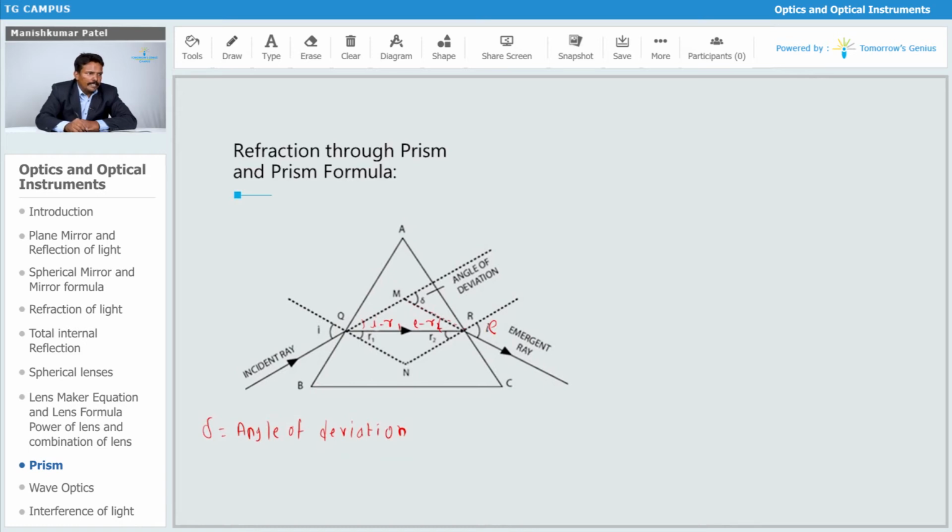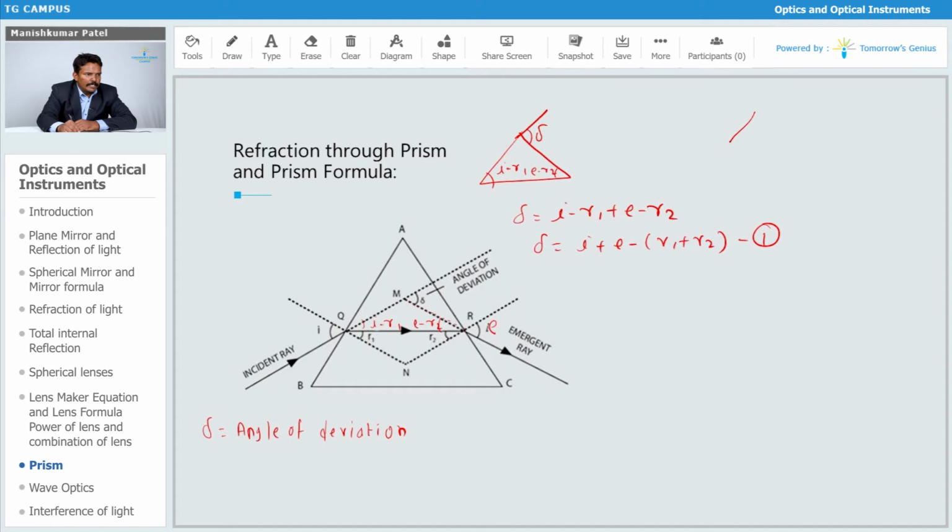If you consider this small triangle, we can write it down: this is I minus R1, this is E minus R2, and this is delta. So delta is equal to I minus R1 plus E minus R2. So delta is equal to I plus E minus (R1 plus R2). This is one expression that you can write down.